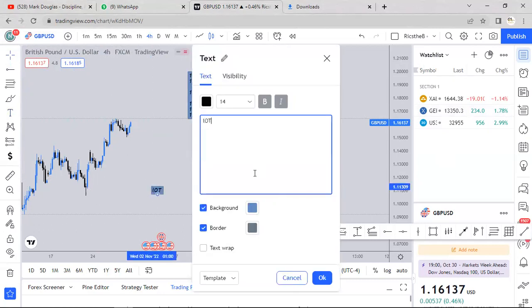And anytime I'm speaking about a lot size, this is what I'm talking about. Let me first define a lot size. A lot size, I simply define it as an order quantity.